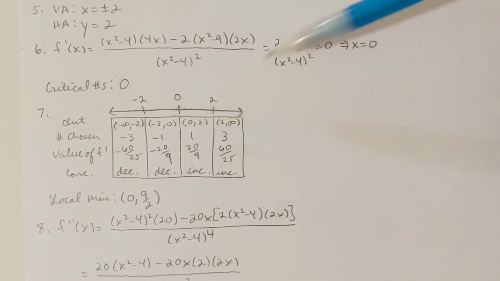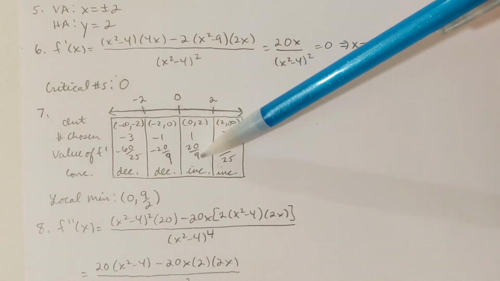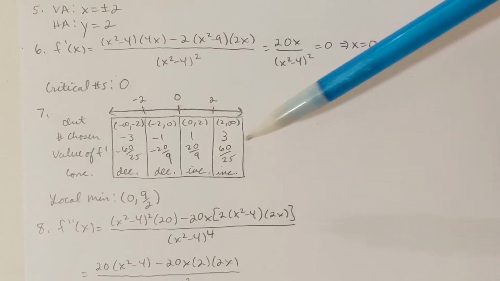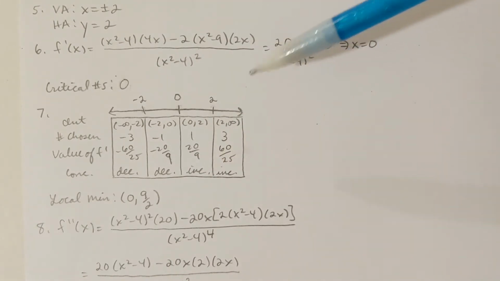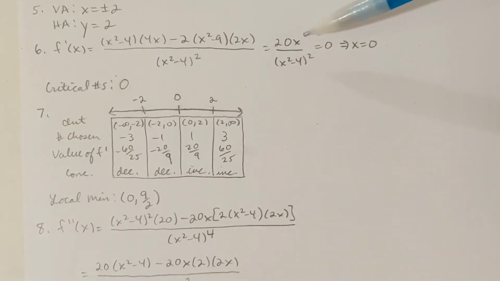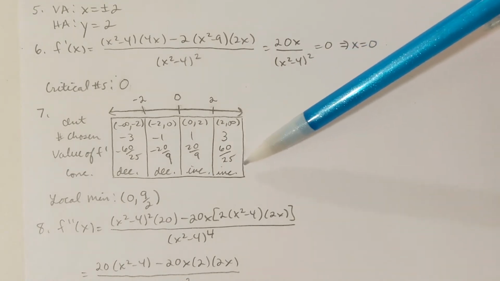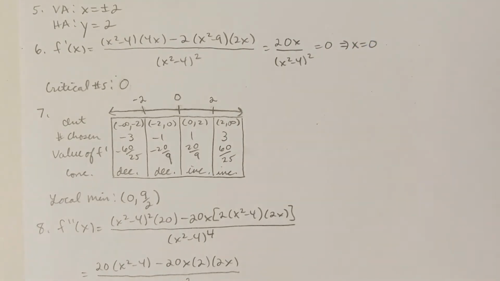If I were to let x be 1 in the third group, 20 divided by negative 3 squared is 9. It means you get 20 over 9. That's a positive, so we're increasing on that part of the graph. And then in the last group, if we let x be 3, 20 times 3 is 60, divided by 5 squared is 25. That's a positive. We're back increasing again.